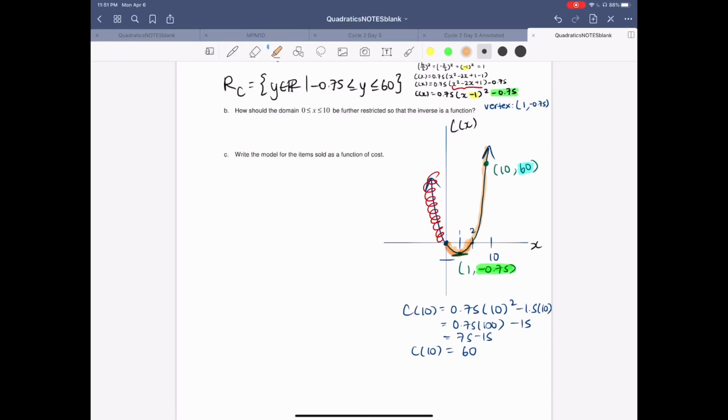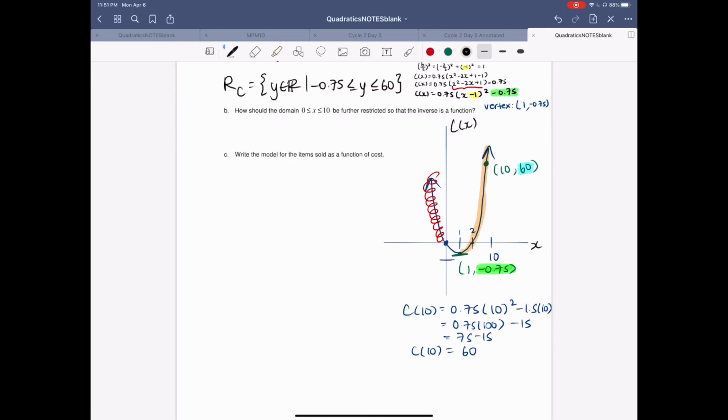And how do I do that? The easiest thing is to get rid of the part from 0 to 1, so I'm only looking at this part. Why? Well, this one looks like the bigger piece, so get rid of the smaller piece, right?